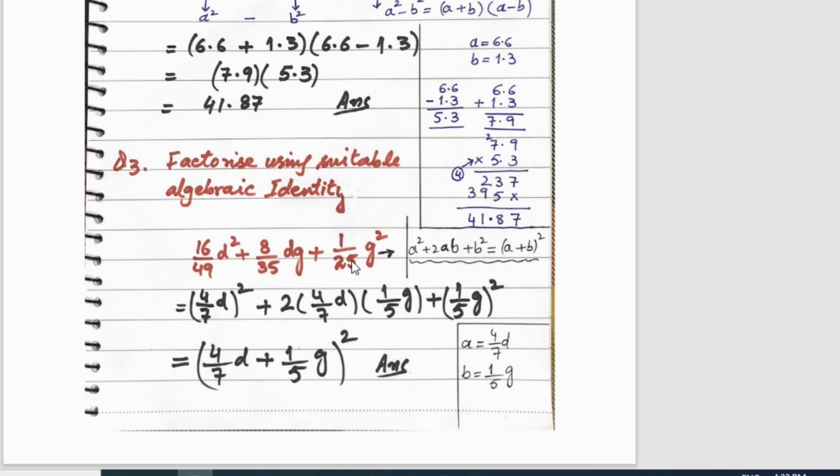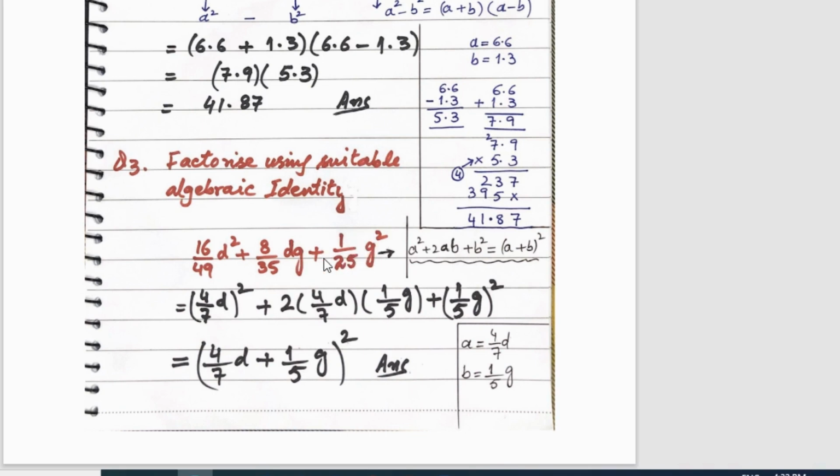Now come to the last term first, not the middle term. This is the last term. 1 square means 1. 1 cube means 1. 1 raised to power 4 is 1. So 1 square is always 1. 25 is the square of 5. 5 fives are 25. So we will write 1 over 25 as 1 square over 5 square, and g is always in the form of a square.